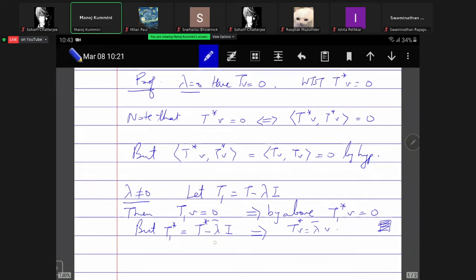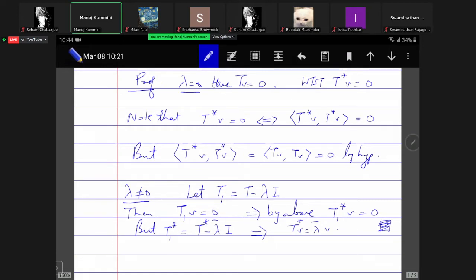If lambda is 0, but how do we conclude that... You won't be able to, it's a good question, but just try to write it out. Okay, sir. I'll think about it.